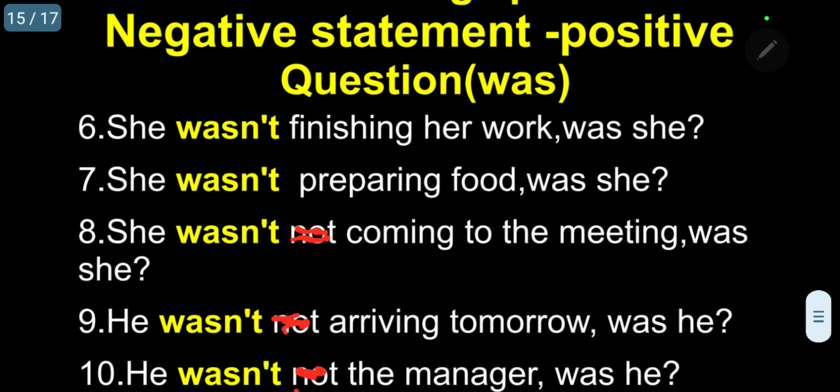Not is not there. She wasn't arriving tomorrow. Was she? He wasn't the manager. Was he? Kindly follow. So, in all these 10 sentences, the statement was negative with the verb was, and the tag question was positive.